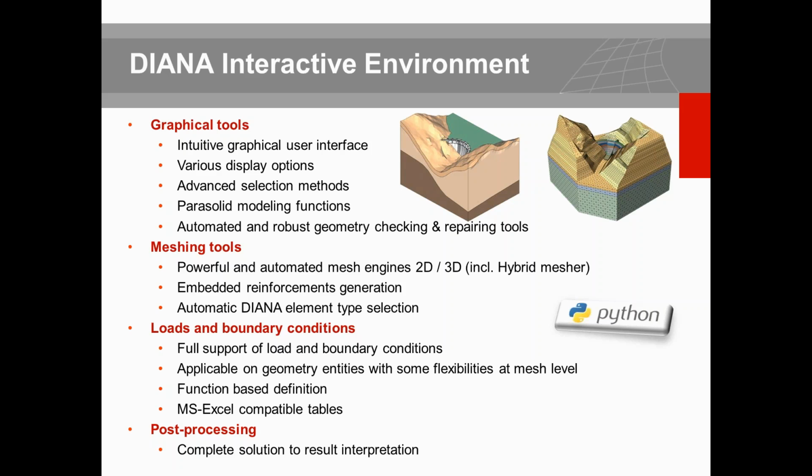It's very powerful, so you can generate the mesh for any complex 3D geometry. The program automatically generates the embedded reinforcement and the interface elements for you. You don't need to worry about that. And in terms of loads and boundary conditions, a huge set of loads and boundary conditions are available, which act on the geometry. Again, I emphasize that all these loads and boundary conditions in DIANA 10 are working and acting on the geometry.